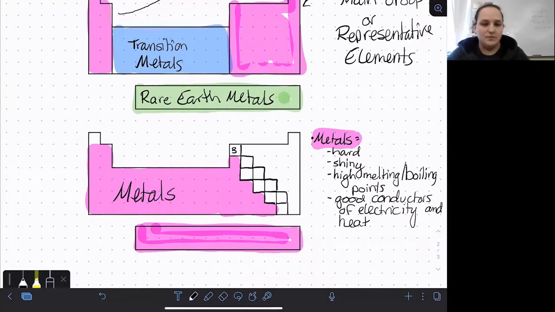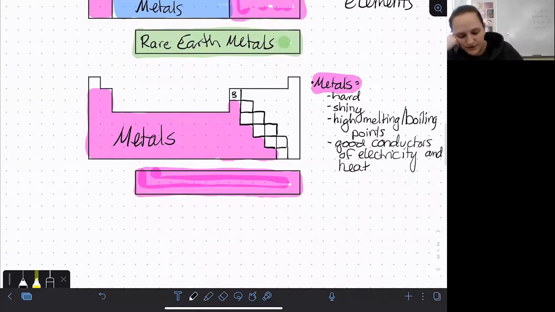So the organization of the periodic table is such that elements with similar properties end up close together. So that's where we're seeing all of the metals are clumped together on one side of the periodic table for the most part. Non-metals are generally softer. Appearances vary pretty wildly.